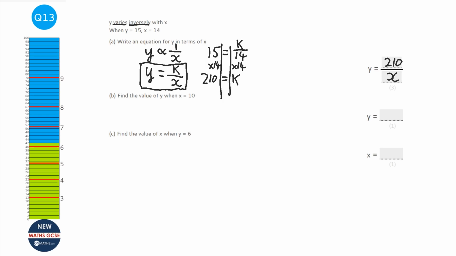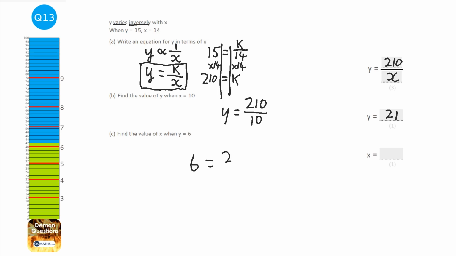The next question says find the value of y when x is 10. So y is going to be 210 over 10. That's nice and easy. That's going to be 21. And then it says find the value of x when y is 6. So we're going to have the equation we've written earlier. So it's going to be 6 equals 210 over x.